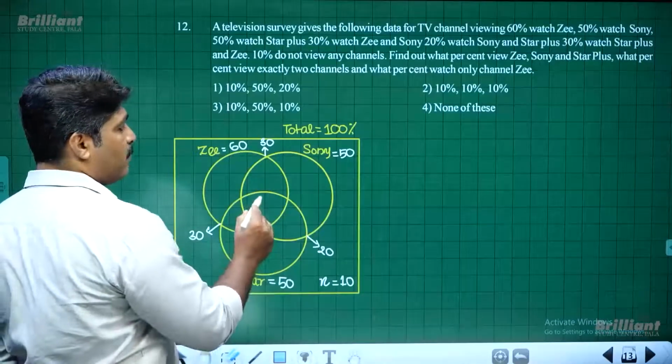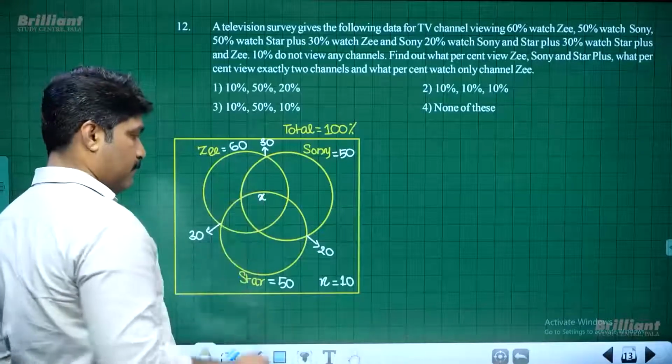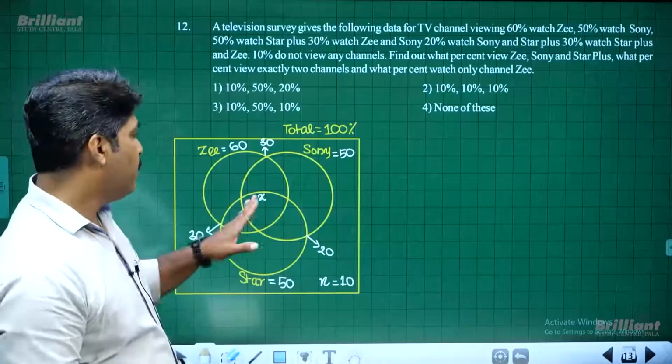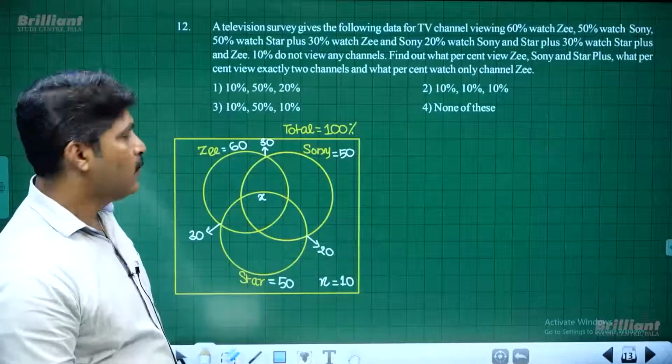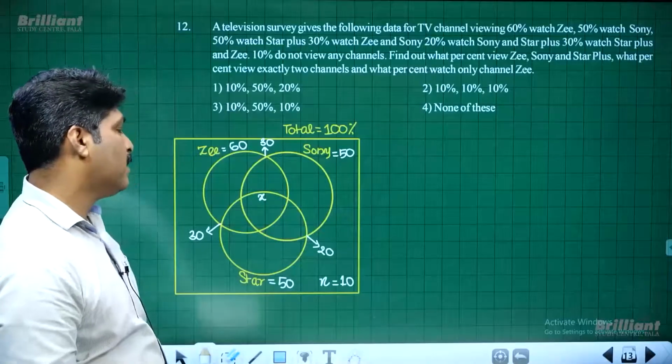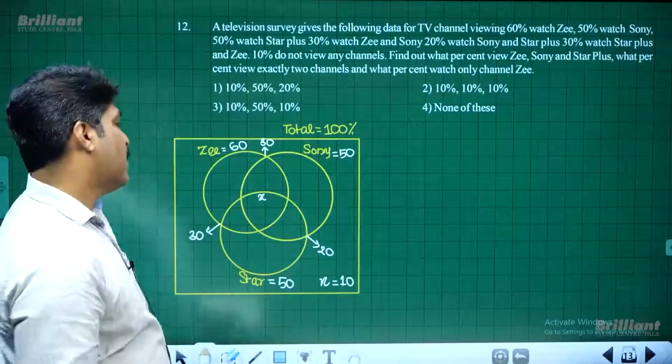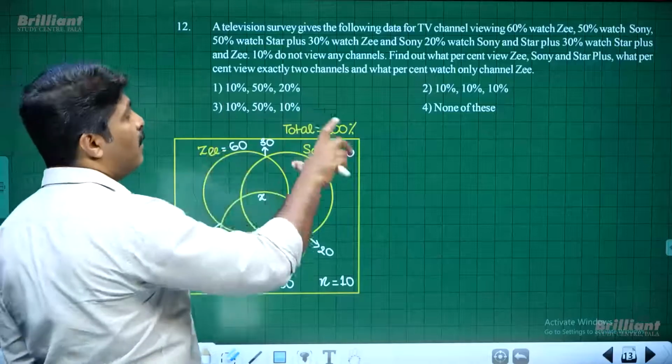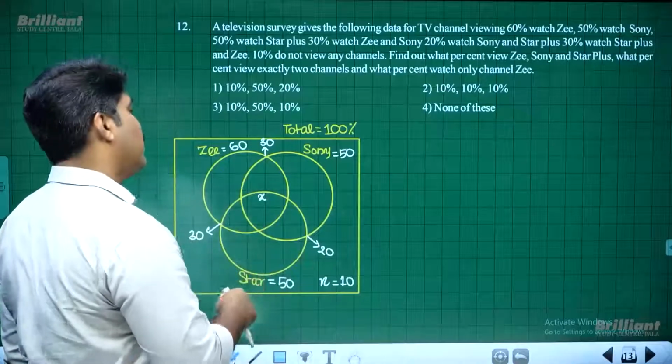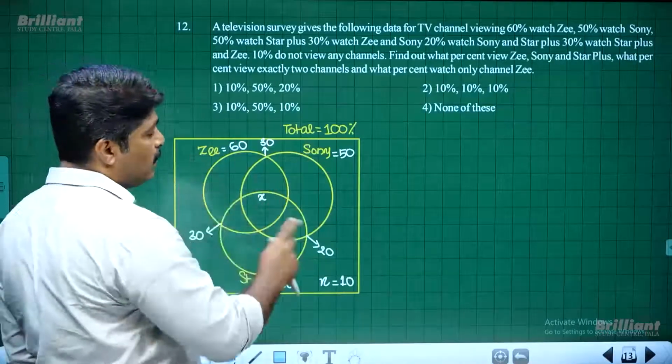I just put this middle value as X. So how do we find the value of X here? For finding the value of X, we use the basic result. We consider the number of persons watching any one among these three channels.